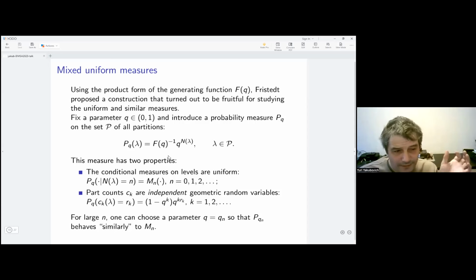Now we have a family of measures with a free parameter q, and the idea of Fristed was to choose q dependent on n, so that this measure behaves like the measure we are interested in, that is the uniform measure M_n.